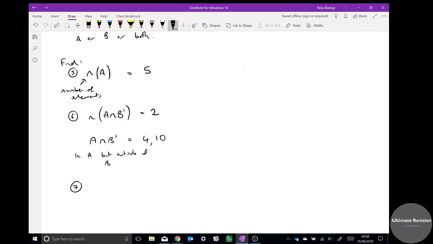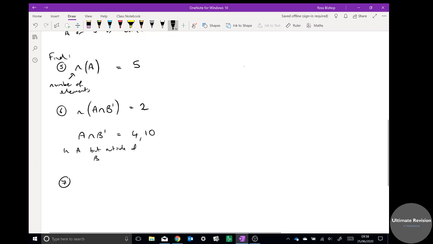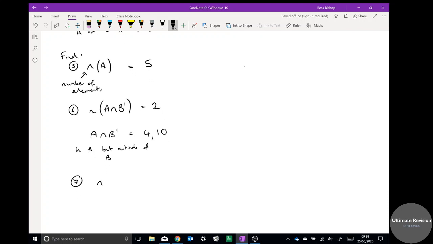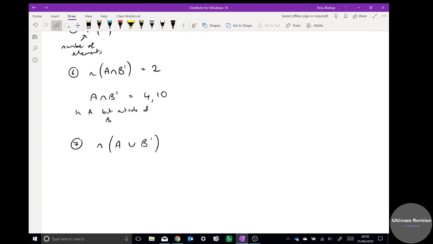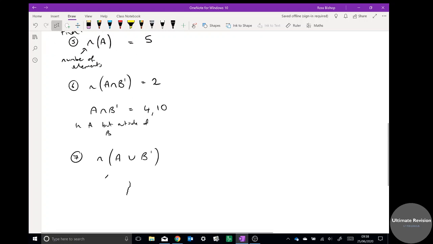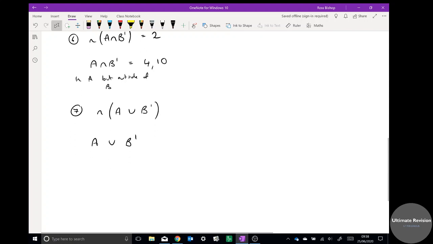Okay, let's do the next one, n of A union B dash. These are the ones that often cause a bit of difficulty. Let's just list the elements first, which is how I want you to answer these questions.